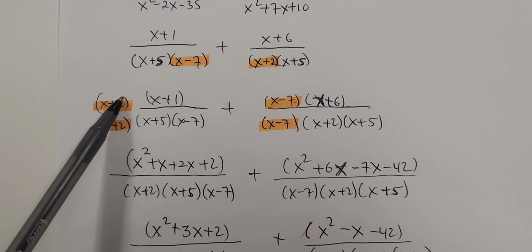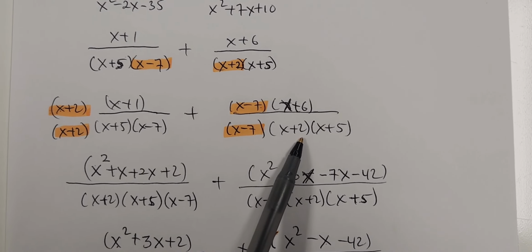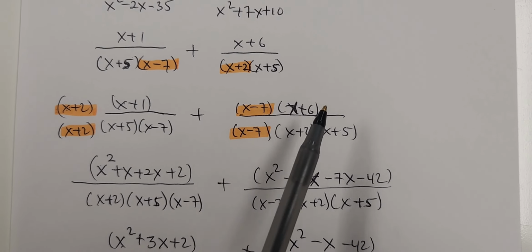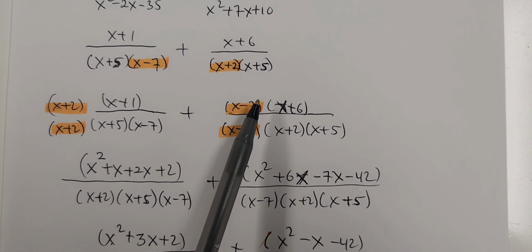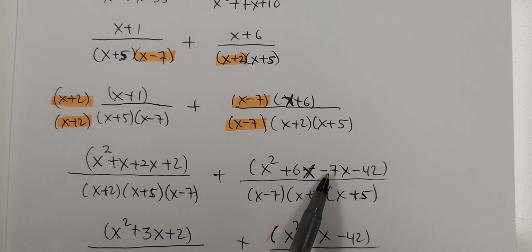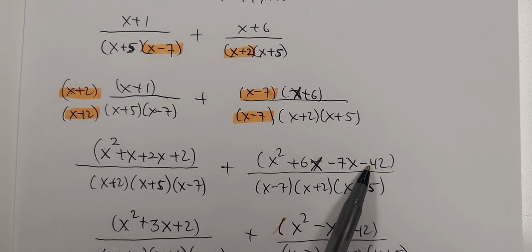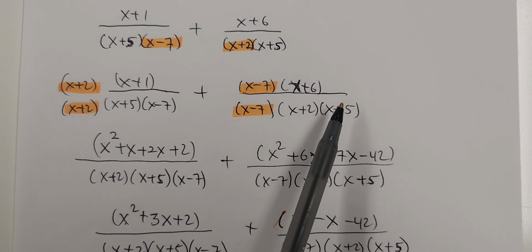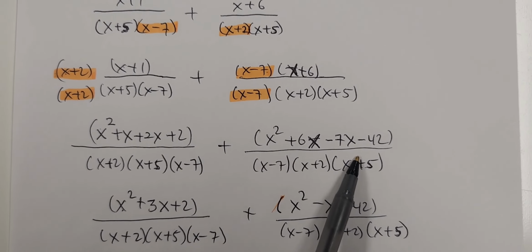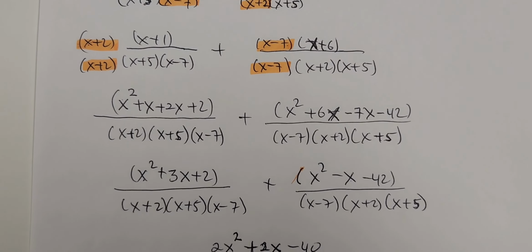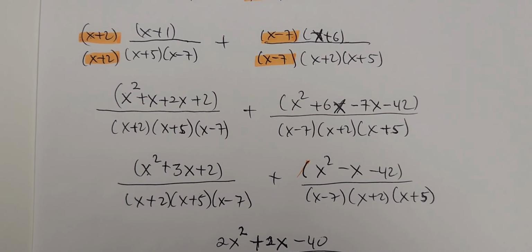So that's for the left. Now let's do the right. Same thing. X times x, x squared, x times 6, 6x, negative 7 times x, negative 7x, negative 7 times 6, negative 42. Again, the bottom, just leave it next to each other. Do not multiply.